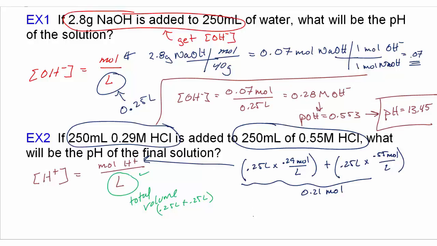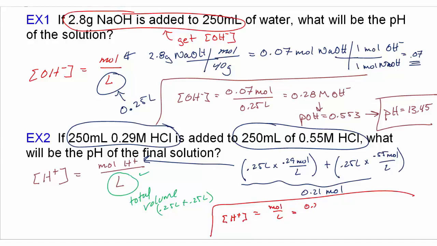Okay, so now I can finally get my hydrogen ion concentration. My hydrogen ion concentration is going to be, like we said, moles over liters.